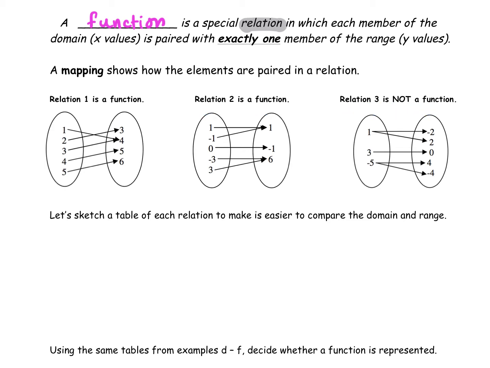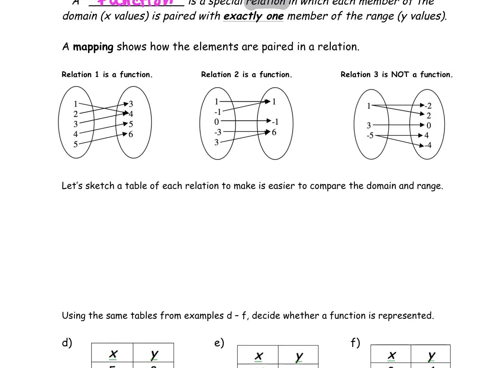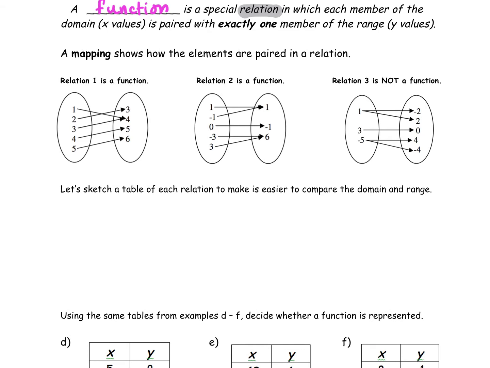this relation is not. So I think it might be a little bit easier to notice what the domain and range members are if we sketch a table. I'm going to ask you to just sketch a table, and we're going to put our x members, the domain members, and our y members. So if we look at the first relation, we have 1, and the arrow points to 4.